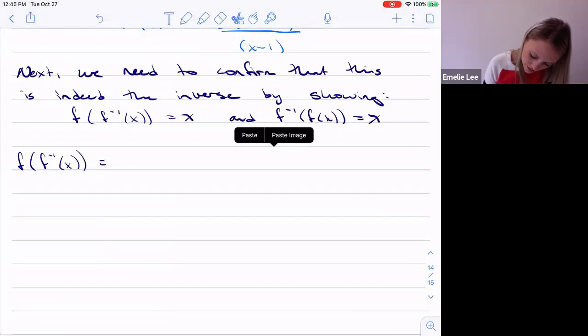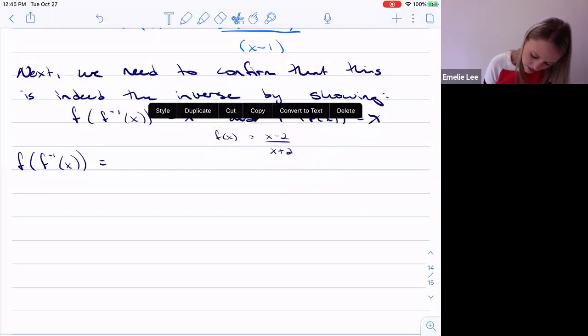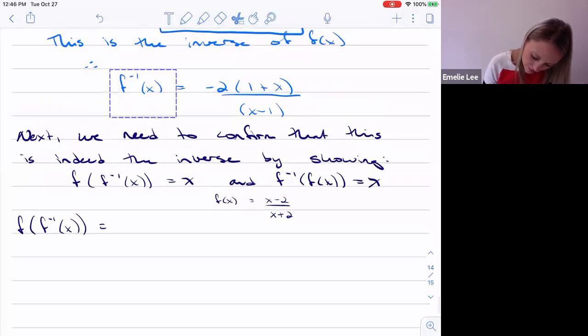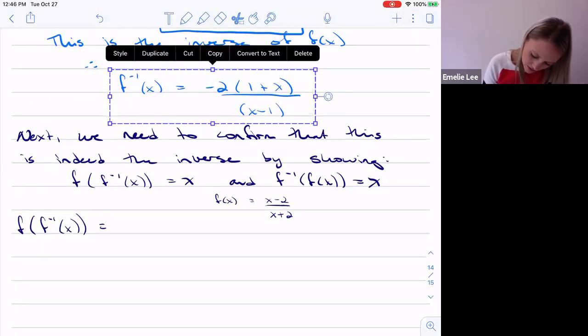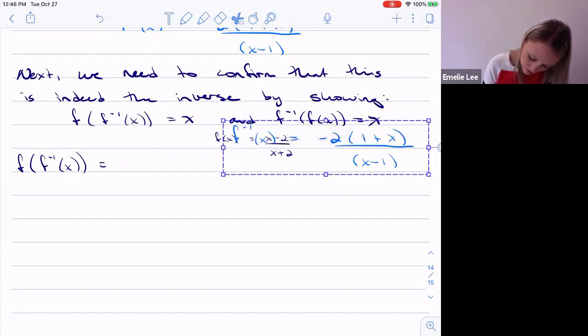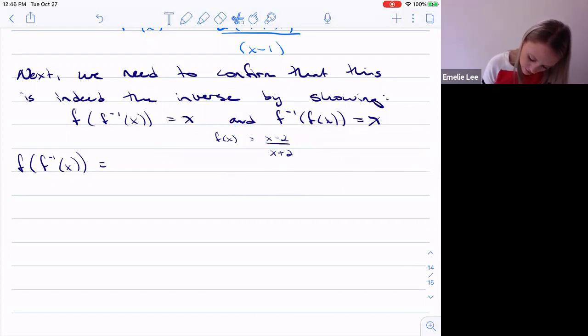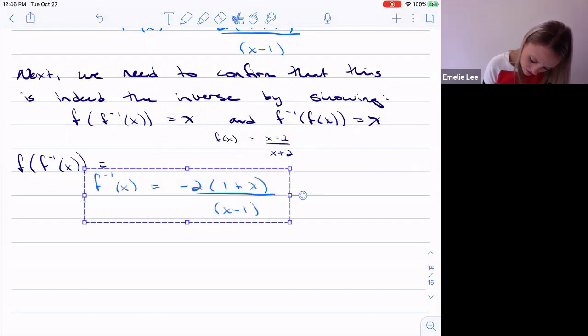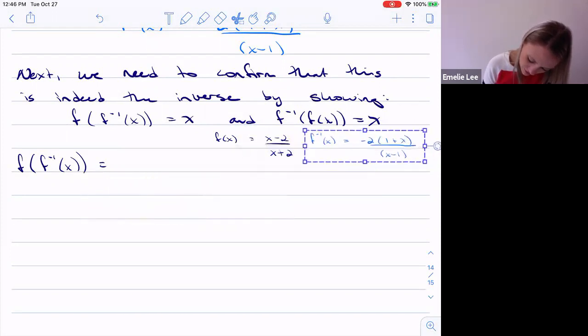I'll just put it here for now, just kind of smaller. And f inverse is this one. Copy. Keeps, I want it to be smaller. There.